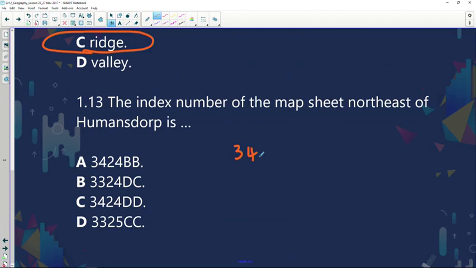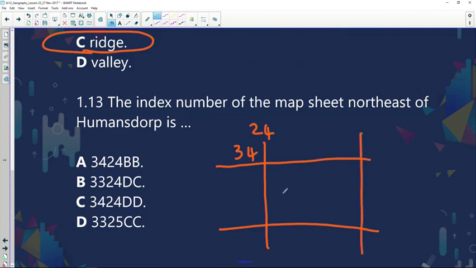The map code of Humansdorp is 5424. We divide our grid into 4 blocks, and it says big block B, small block B, A, B, C, D. So we know that the whole topographical map fits into that block over there.